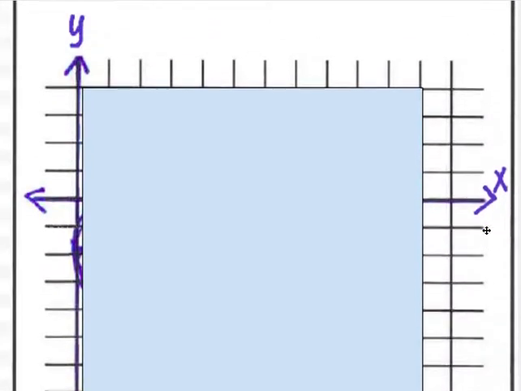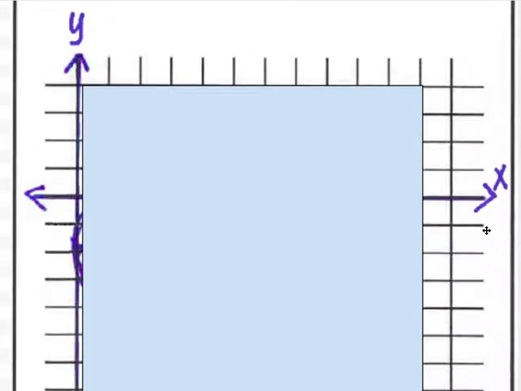Now on this graph, because our circle is not centered on our graph, you want to go ahead and make this line here your y-axis, and about 1, 2, 3, 4, 5 lines down, that can be your x-axis.